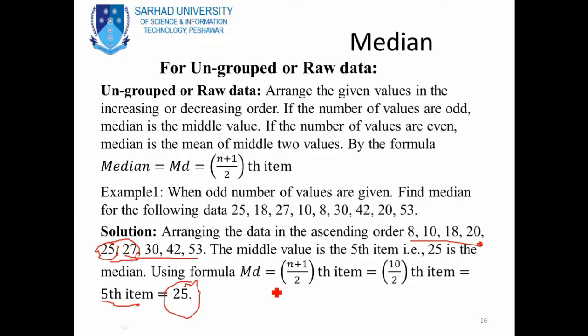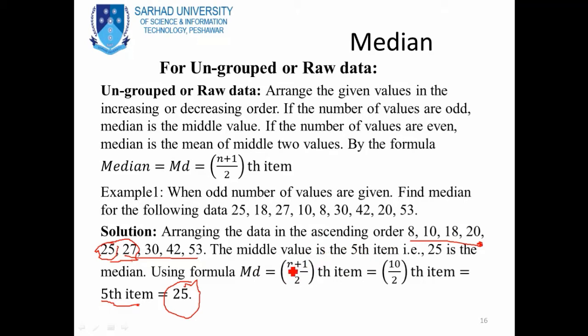So dear students, n divided by 2 represents the position of the median when the number of terms in the data is even, and (n plus 1) divided by 2 represents the median term position when the number of values in the data is odd. Why do we put n plus 1?